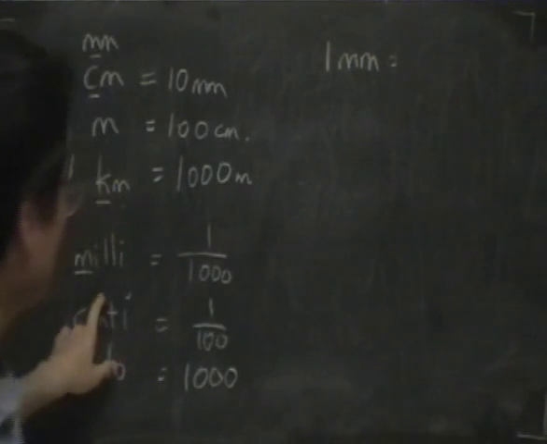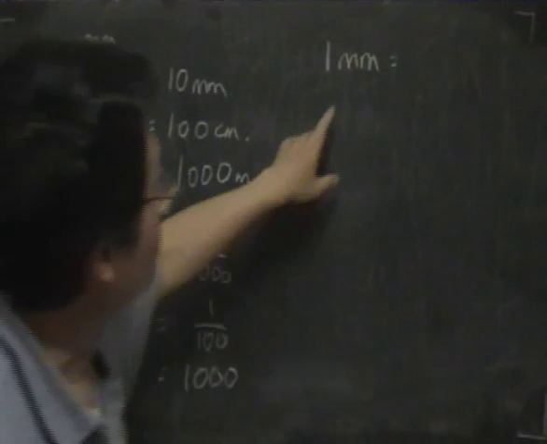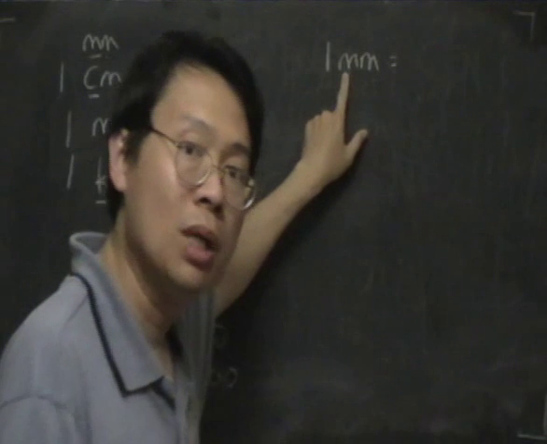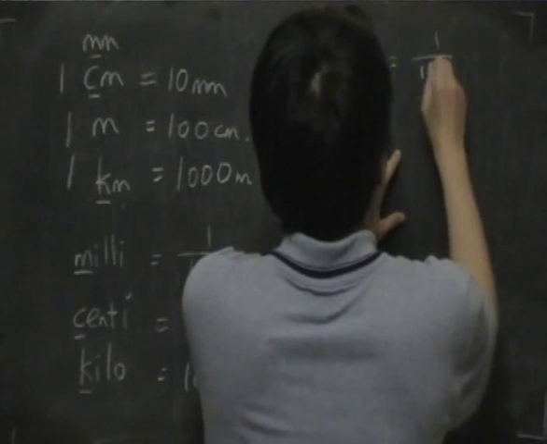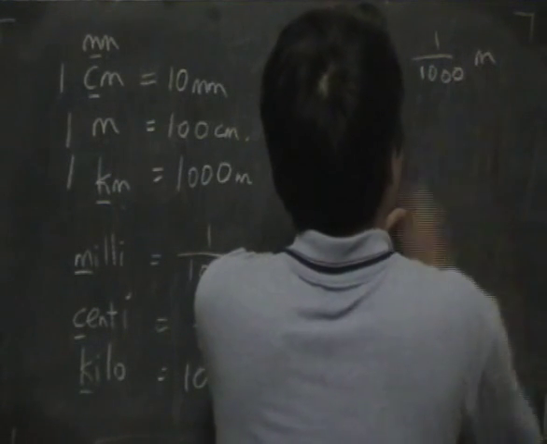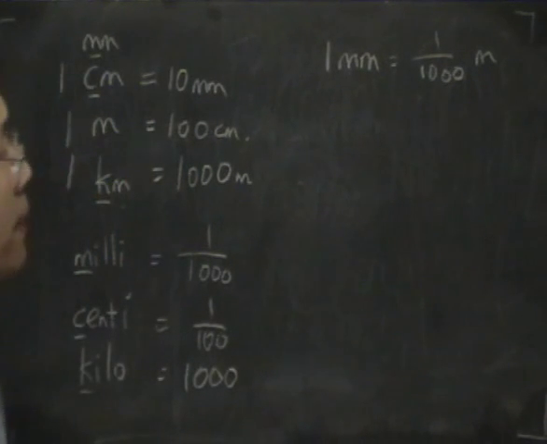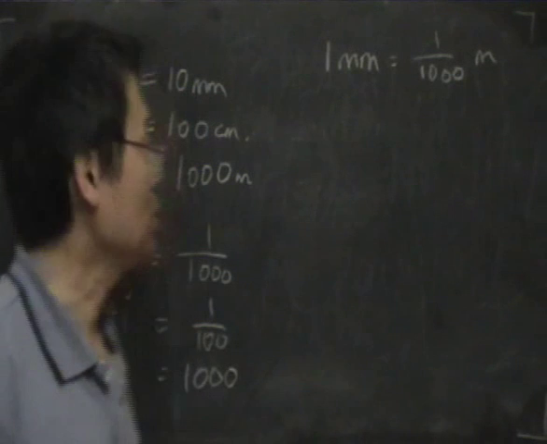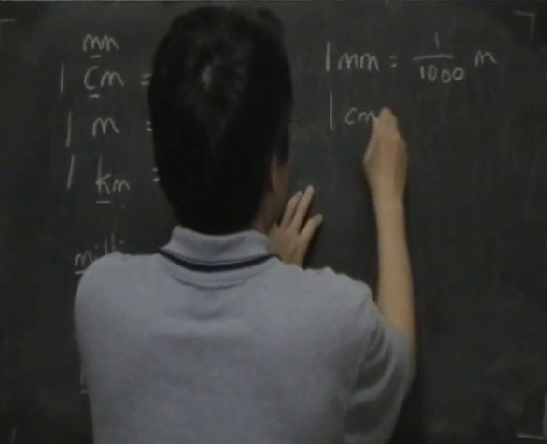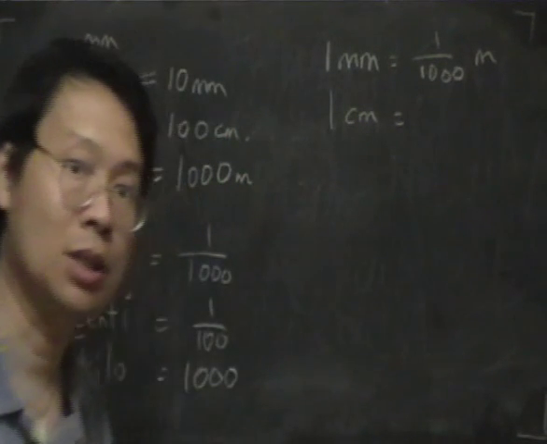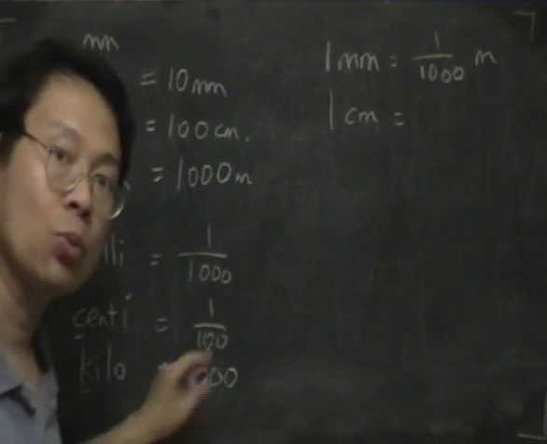so as we understand it, the milli means 1 over 1000. So if you have 1 millimeter, it means 1 over 1000 of a meter. Alright, so that's exactly what it means. And if I have 1 centimeter, centi means 1 over 100.